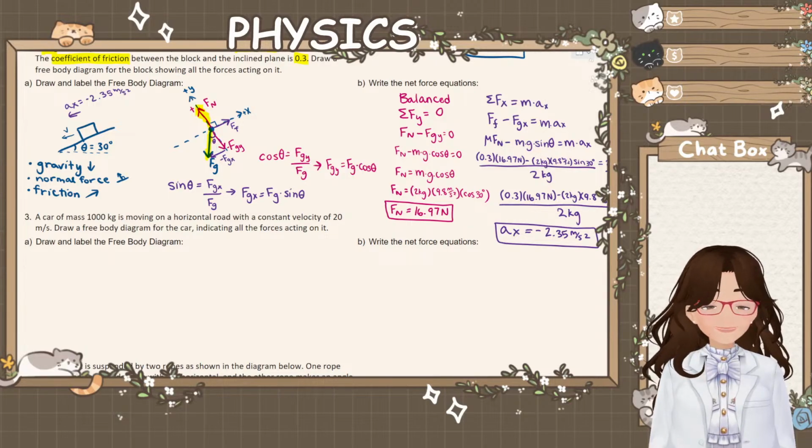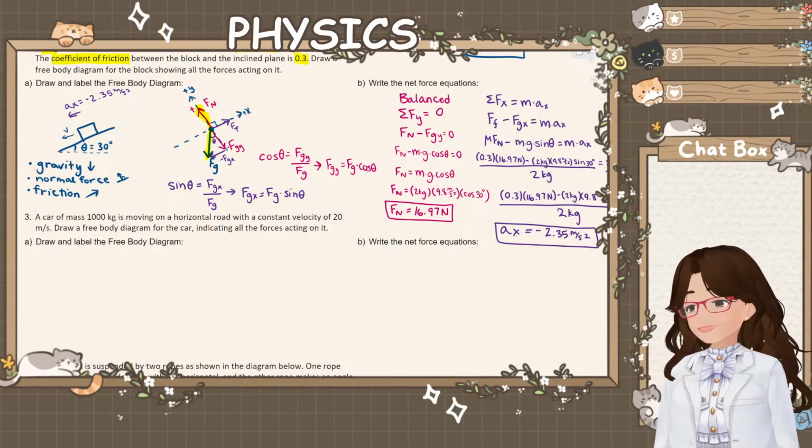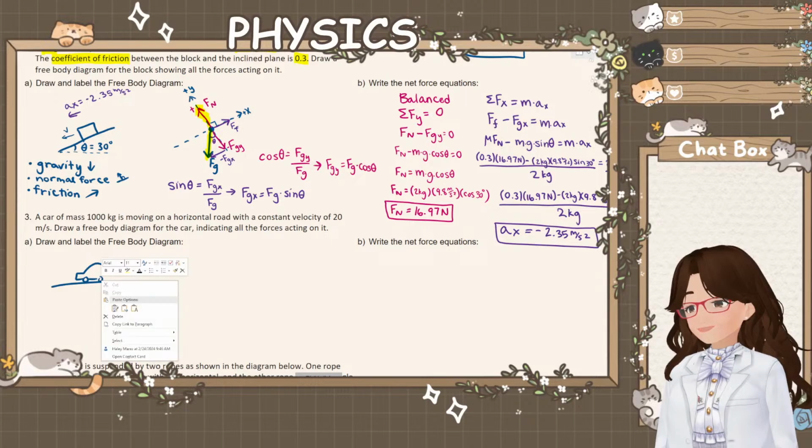So in this case, we're going to look at some practice problems here. First things first, we have a car on a road. Now, you know that I have the best drawing of all time. Look at the car. Oh my gosh, why is the car hitting the ground? Don't even worry about that.